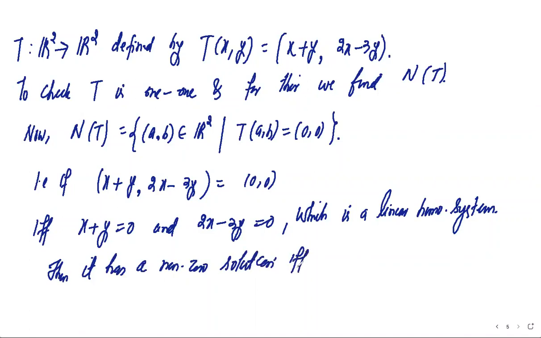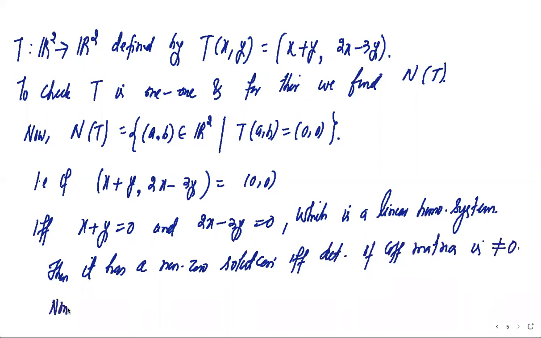if and only if determinant of A, which is equal to the determinant of the matrix formed by the coefficients 1, 1, 2, minus 3, is equal to 0. Otherwise, the determinant of the coefficient matrix is not equal to 0.